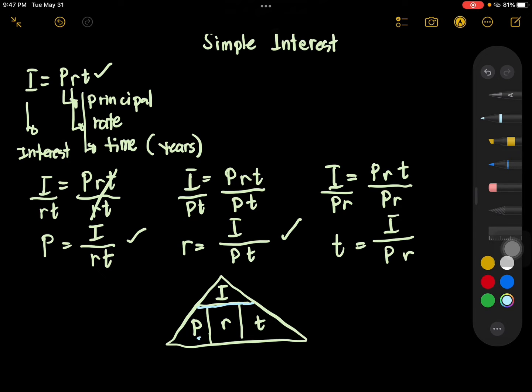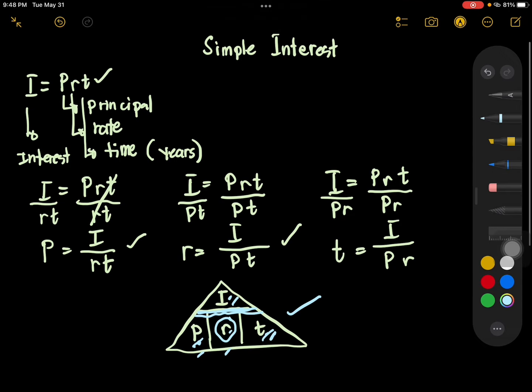So if you're looking for P, it is I divided by RT. If you're looking for R, it is I divided by PT. And if you're looking for T, it is I divided by PR. So that is how you use this. Okay, so this is simple interest.